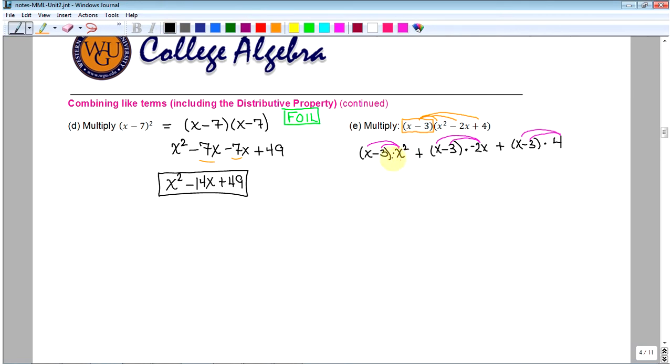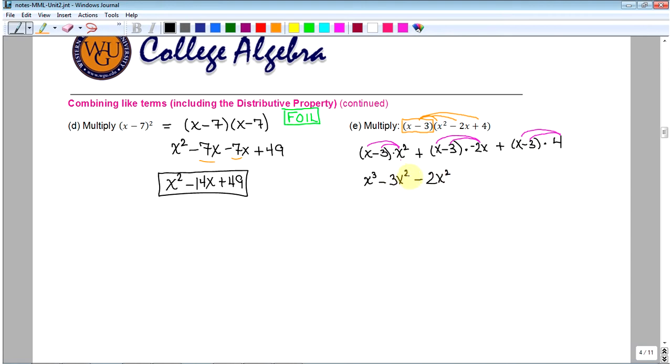X squared times x is x to the third power. Negative 3 times x squared is negative 3x squared. Next, we have negative 2x times x, which will give us a negative 2x to the second power.